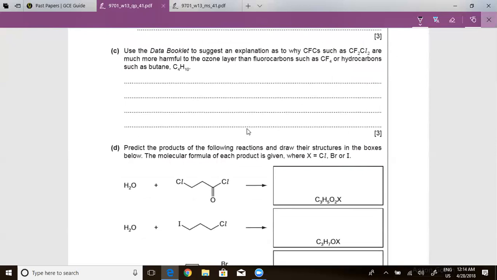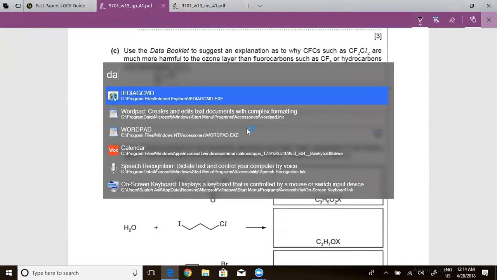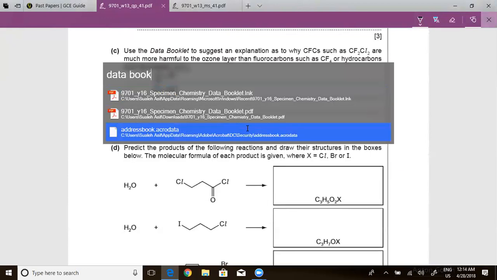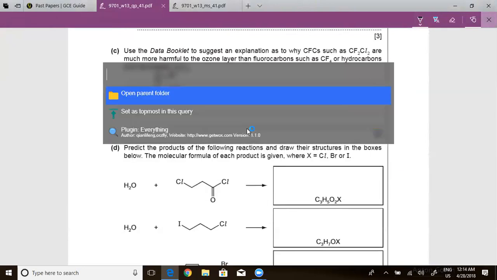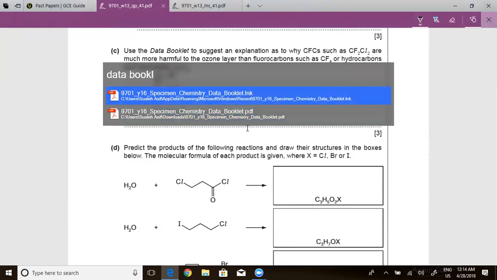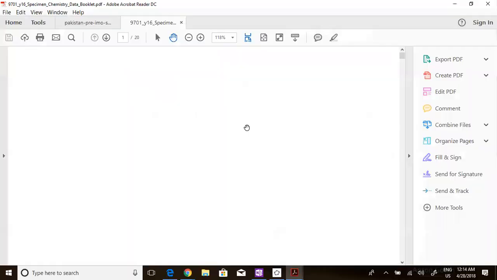And the idea here is you have to quote the bond energy of C-F and C-Cl. Now can somebody do the honors of finding the bond? Wait, I think I have one open. No, I don't have one open.